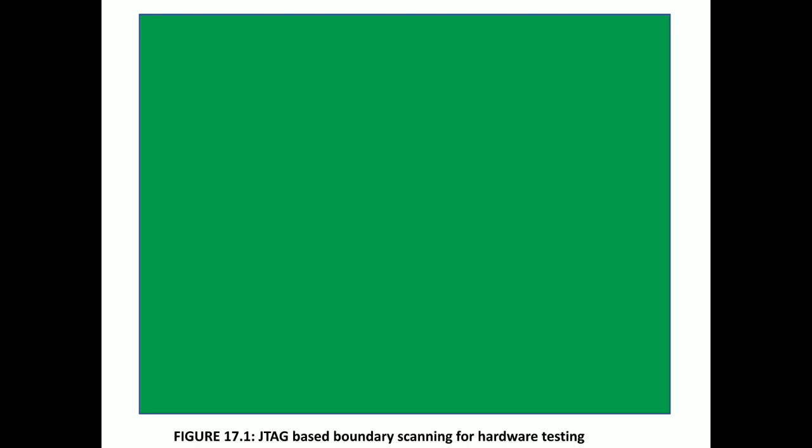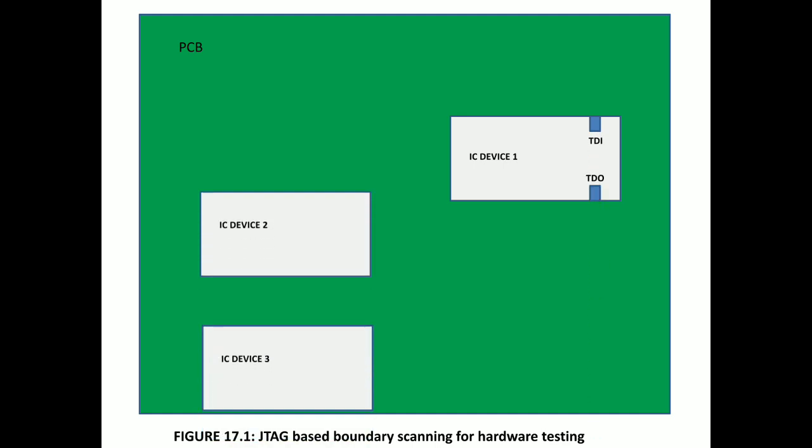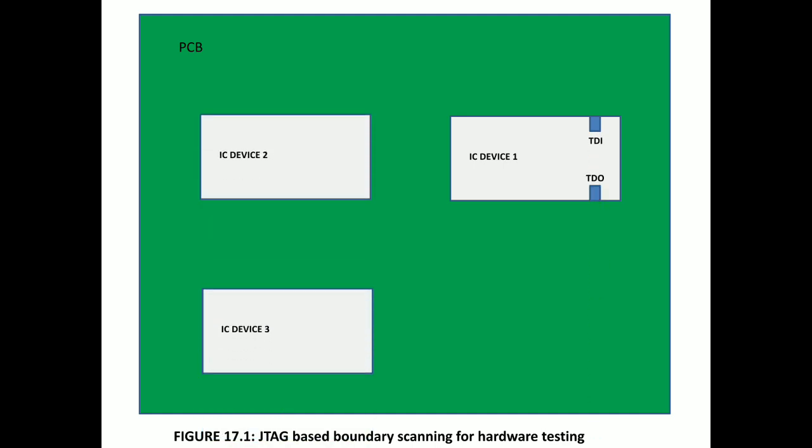We were just listening to theory, but now we'll visualize the picture. Consider a PCB. In this PCB different ICs will be placed. The ICs will have a TDI pin, TDO pin, and other pins. We'll consider a few ICs and how this boundary scan will work.